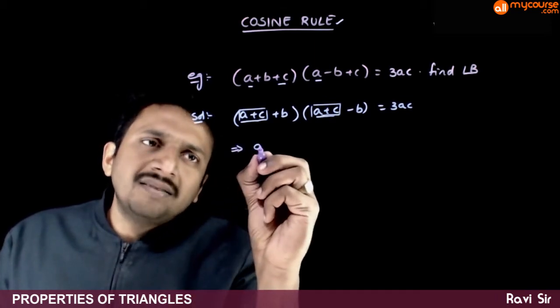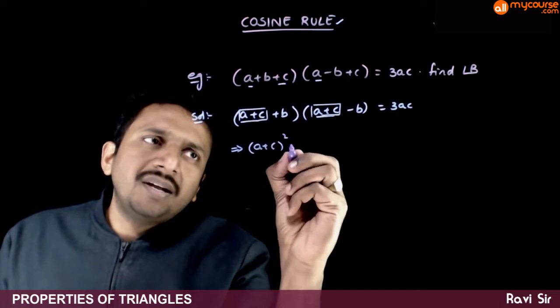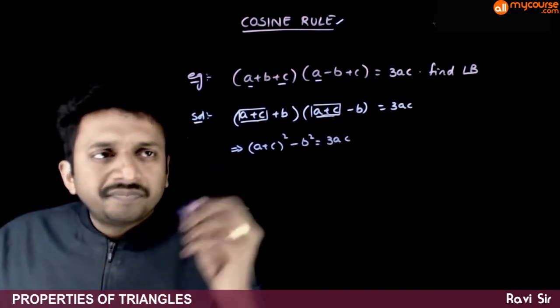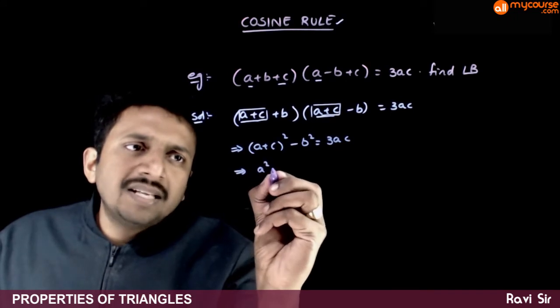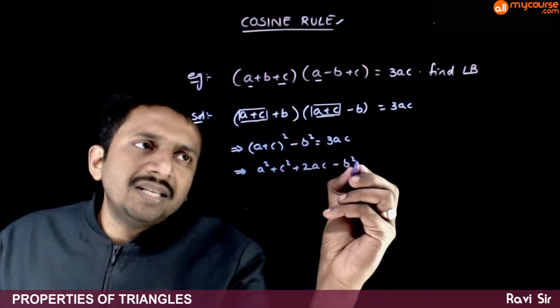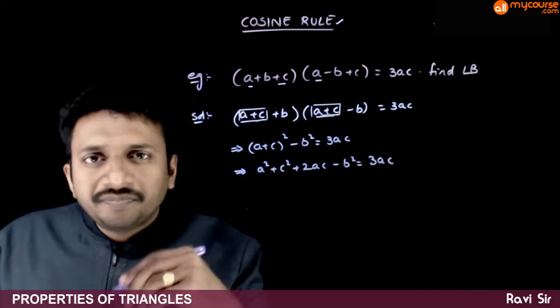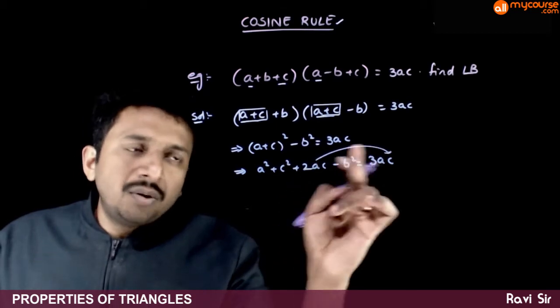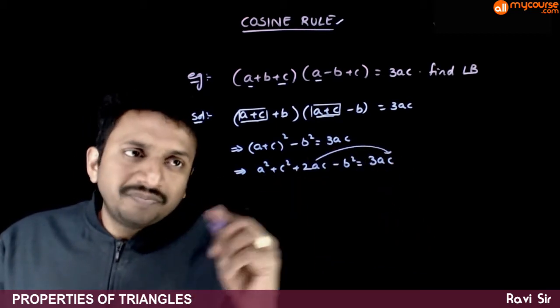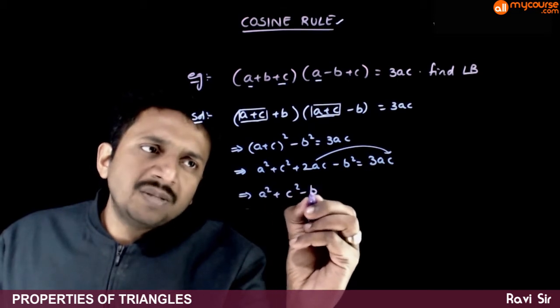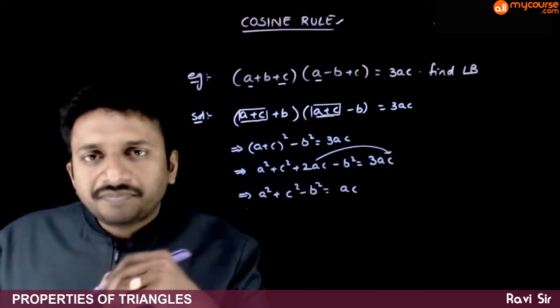So this implies (a plus c) whole square minus b square is equal to 3ac. This implies a square plus c square plus 2ac minus b square is equal to 3ac. If this 2ac goes onto that side, it becomes minus 2ac. So this implies a square plus c square minus b square is equal to ac.